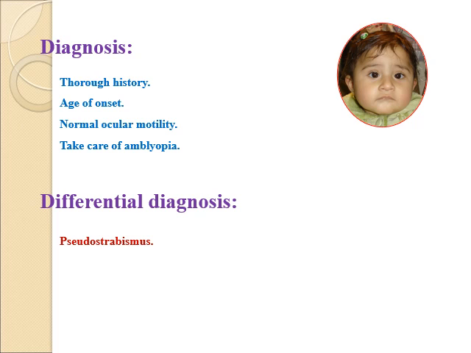The child appears as if he is squinting, but actually he is not. By using the corneal reflex test, we can see that the reflection of the light is in the middle of the pupil in both eyes. So this is apparent squint.